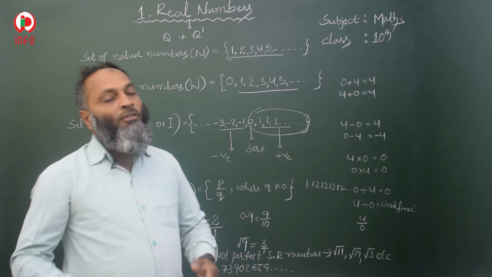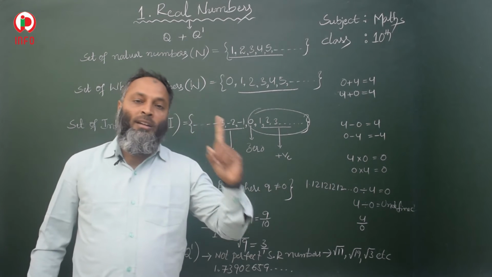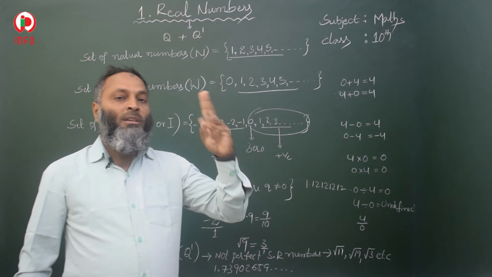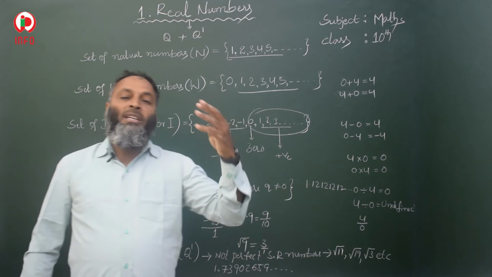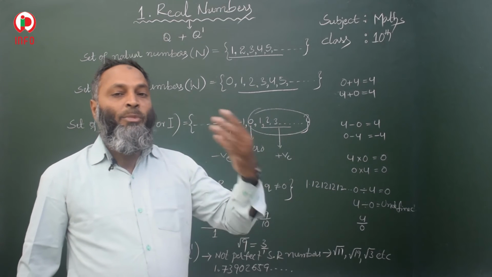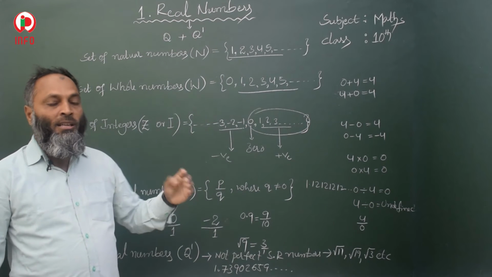So what are rational and what are irrational numbers? Once again, rational numbers: all natural numbers, all whole numbers, all integers, all fractions, meaning proper fractions, improper fractions, like fractions, mixed fractions. So all fractions and decimals.